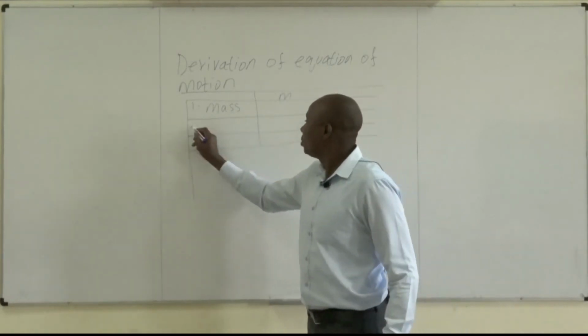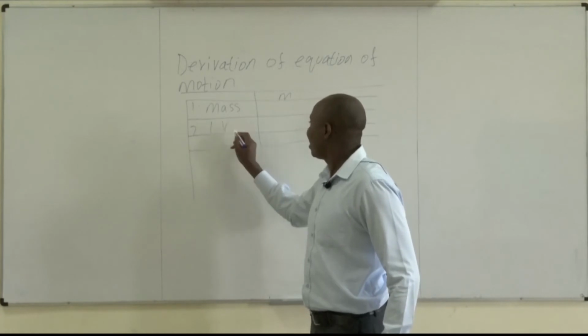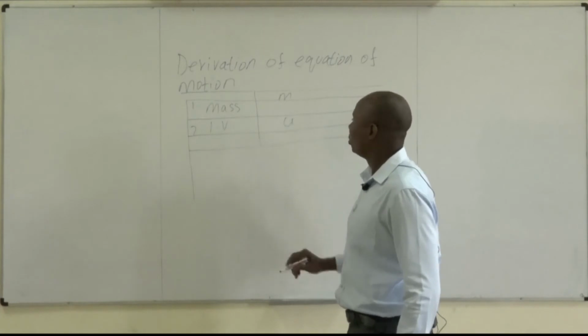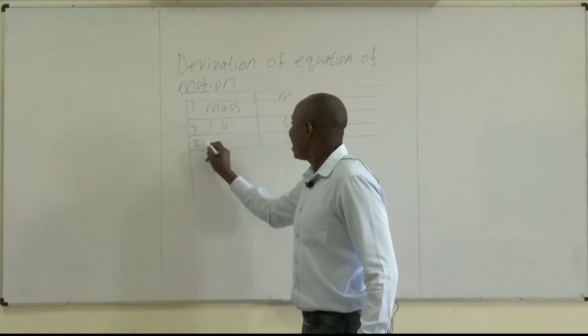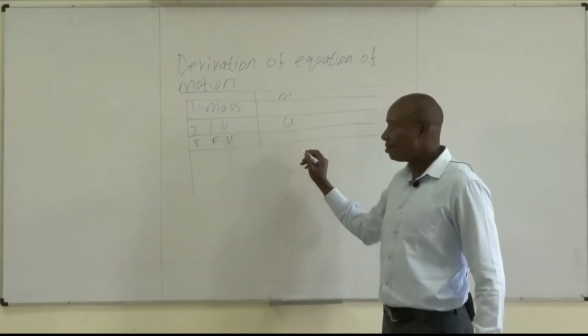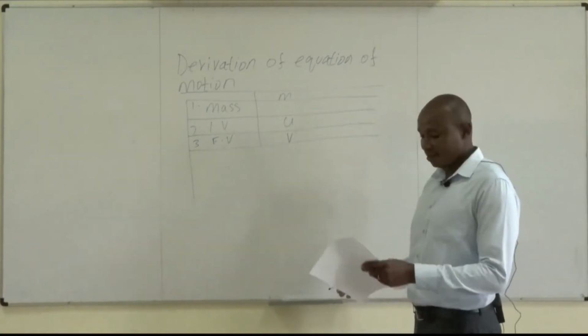Two is initial velocity, which will be given the symbol u. Three, we have the final velocity being given the symbol v.